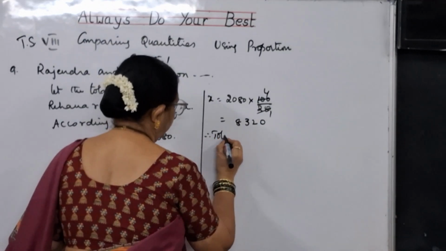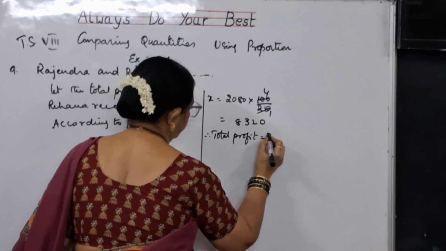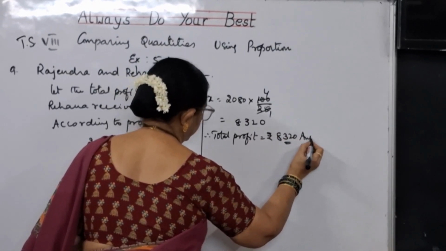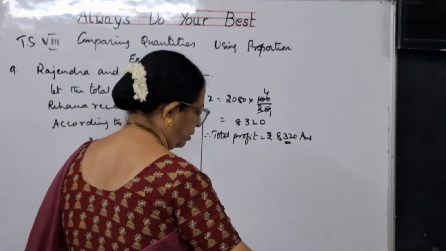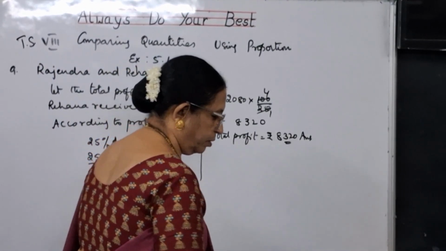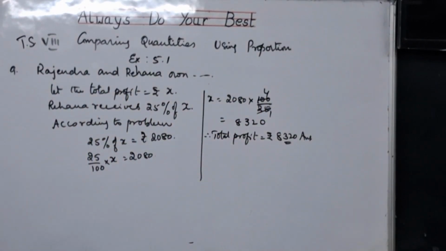Therefore, total profit is equal to rupees 8,320. This is the answer, children. This is ninth problem. Please copy it.